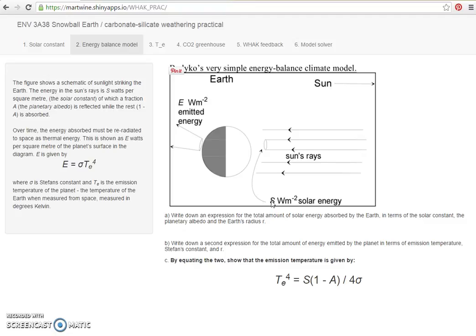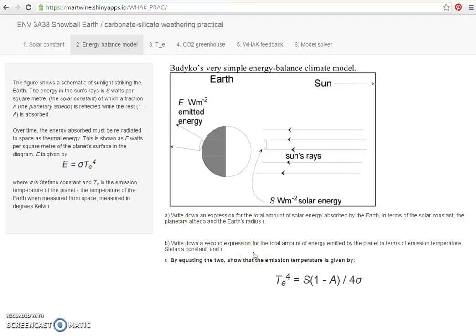However, a proportion of that incoming radiation is reflected back out due to the reflectivity of the Earth, which is expressed through the albedo. So the albedo is the fraction that is reflected, so 1 minus the albedo is the fraction that is absorbed. So the answer to A is S times (1 minus A) times pi r squared.